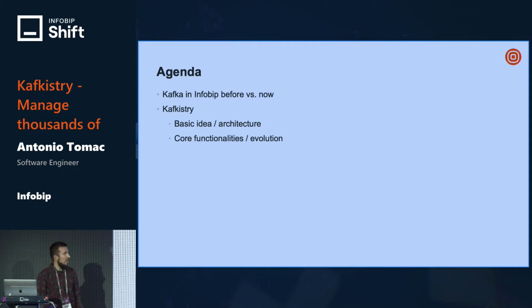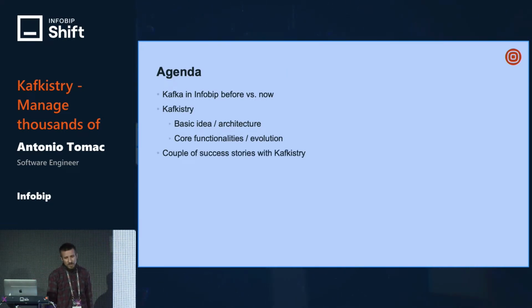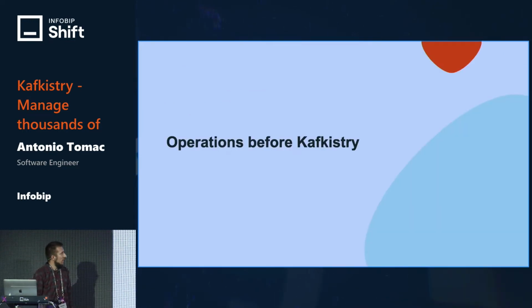And you'll hear some details about Kafkistry, for example, what the basic idea behind it is, some key architecture, what the core functionalities are, and how it evolved through time. And I'm going to share also a couple of success stories we had with Kafkistry. But now let's first see how we did things before we had Kafkistry.